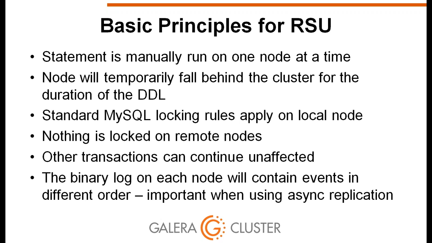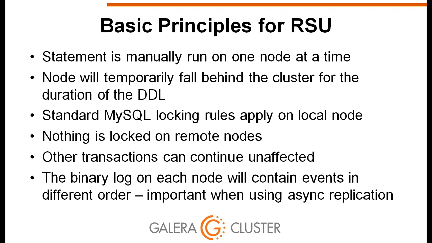One practical consideration of doing this on a node-per-node basis is that the binary log on each node will contain this DDL in a different place, under a different GTID, so to speak.